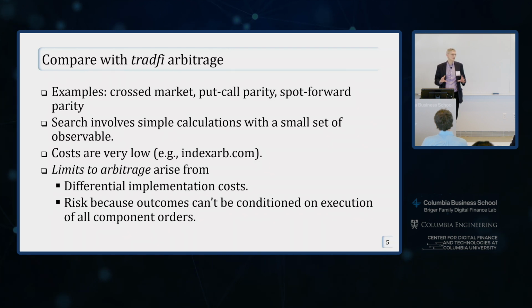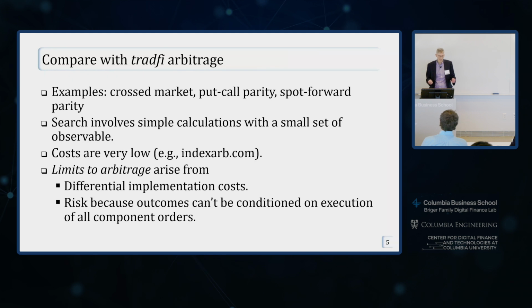They are all based on a very small set of publicly available prices. It's not like these DeFi arbitrages, which are going to involve search over a very large number of contracts. So in TradFi, we probably have some duplication of effort, but we don't worry about it as much because the cost is very low.